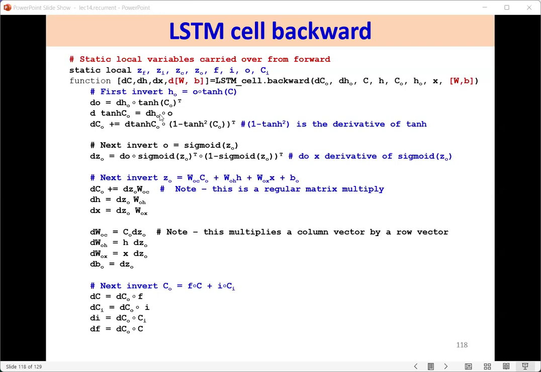I have the derivative for H and C, right? So I have H equals O tanh(C). I have DH. So the derivative of O is going to be DH times tanh. The derivative for tanh is going to be DH times O. That's all. This is the same rule that we saw earlier.